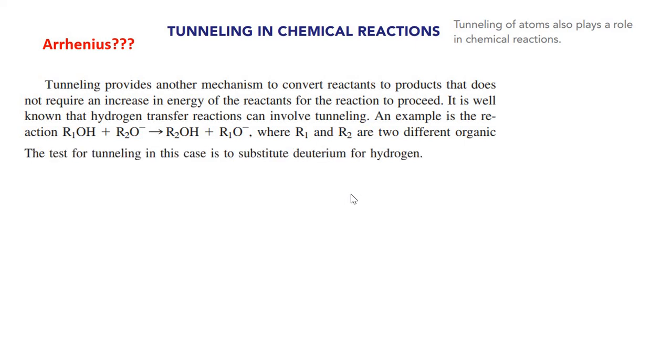Okay. Now, what is the test? The test for tunneling in this case is to substitute deuterium for hydrogen. So it is the isotopic substitution. If you carry out the reaction, instead of H, with deuterium, then what happens? Because of this change of isotope, what do you expect?